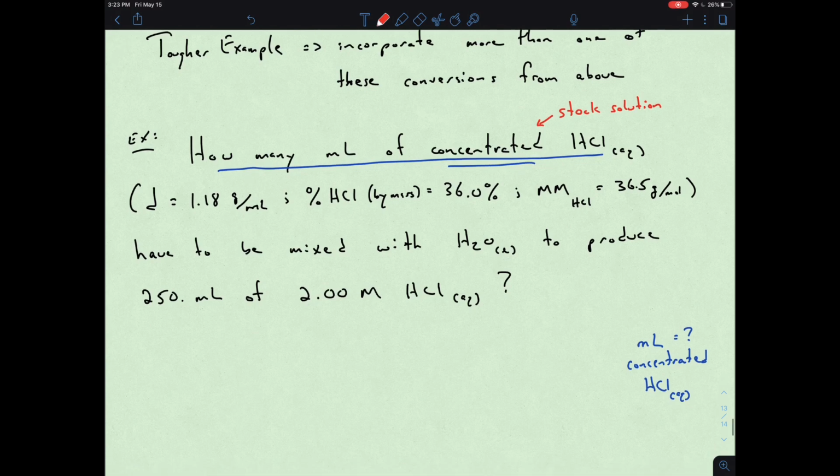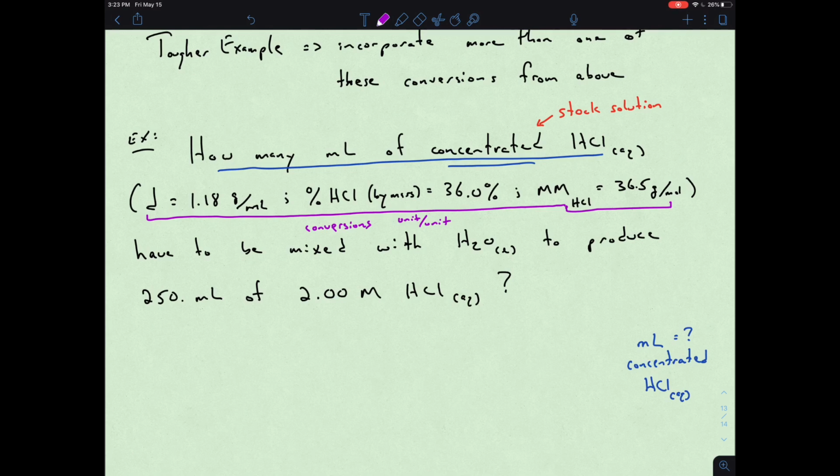We have a bunch of different values here in terms of density, percent HCl by mass, and HCl. But we're going to find that these are all conversions, with this idea of a unit over a unit.